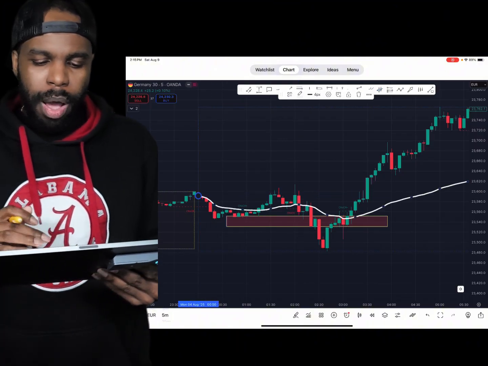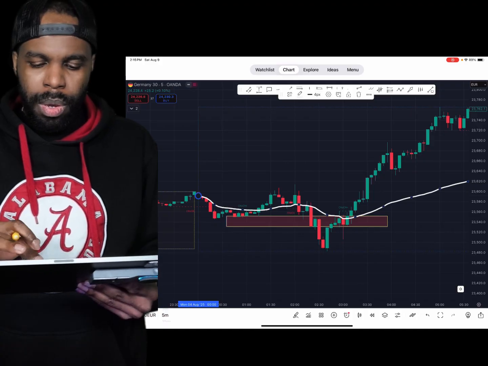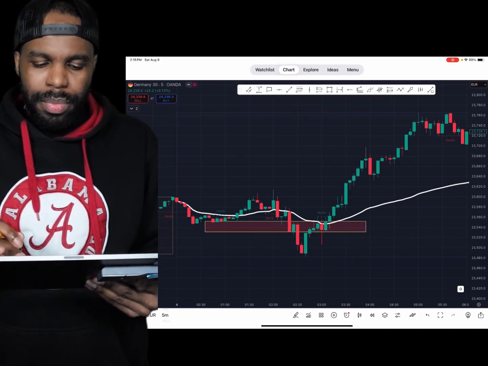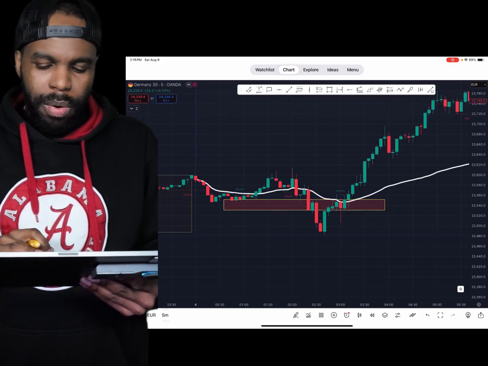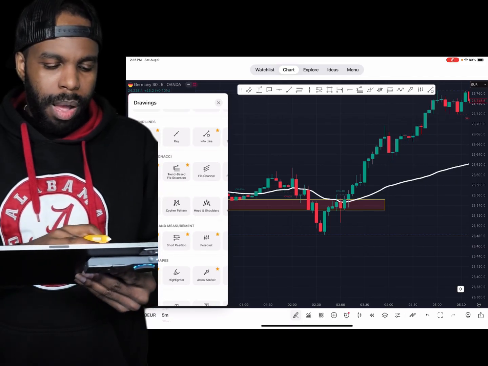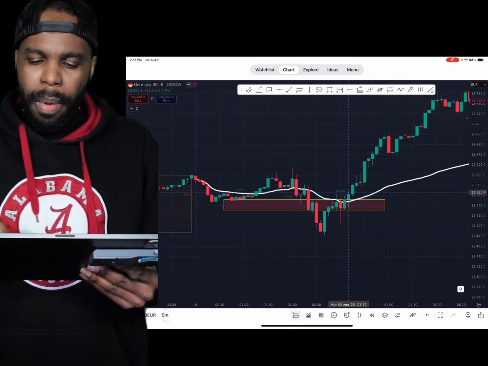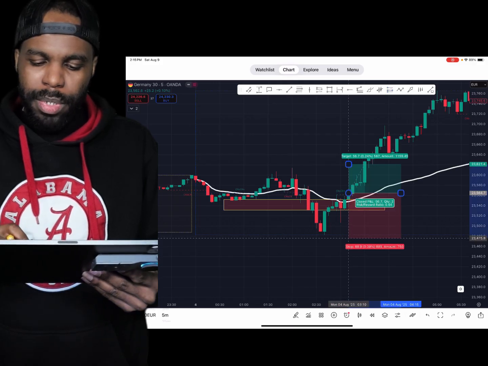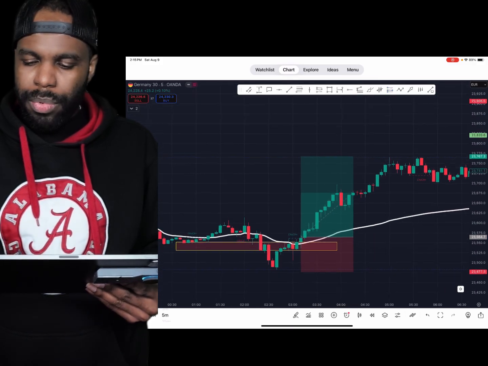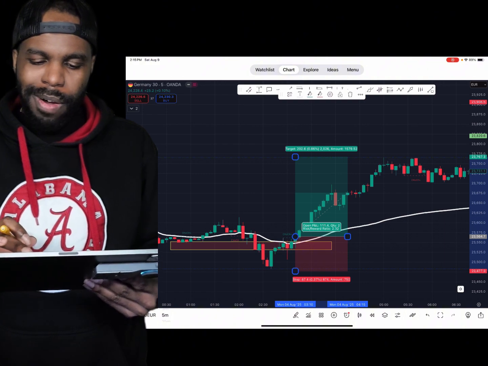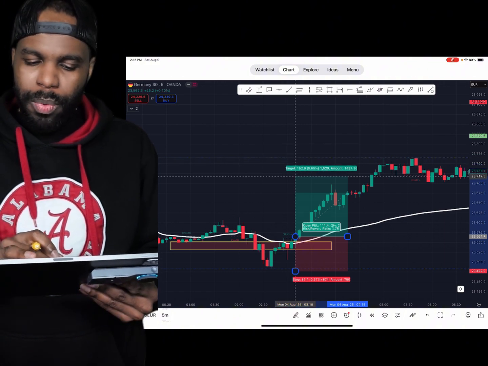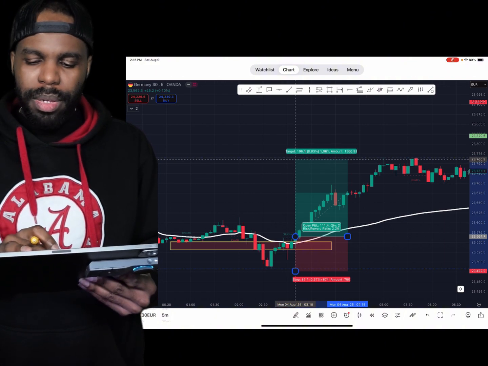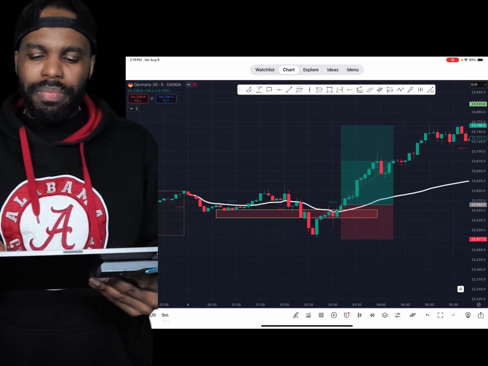Once I put my VWAP there, I'm going to get in the trade on the break of the breaker block and also the VWAP. Boom, put my stop there, and look at that. You could have caught a trade to the upside. You could have caught 200 points. I would have gone for maybe 100 points, but you could have gone for 200 points.